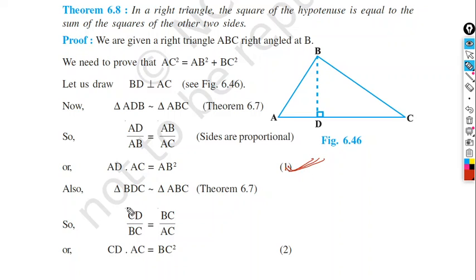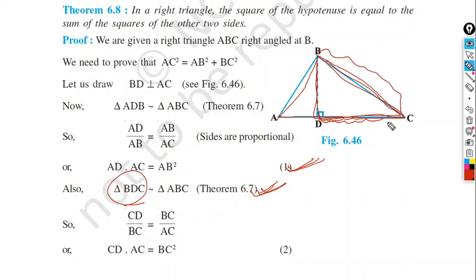Now similarly, let's move to triangle BDC. This triangle BDC is also similar to triangle ABC. Okay, why? Because of theorem 6.7. Now the corresponding sides will also be proportional. Therefore, CD of triangle BDC will correspond to which side of triangle ABC?